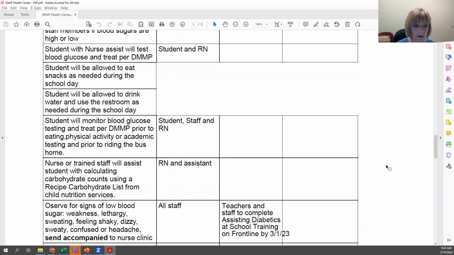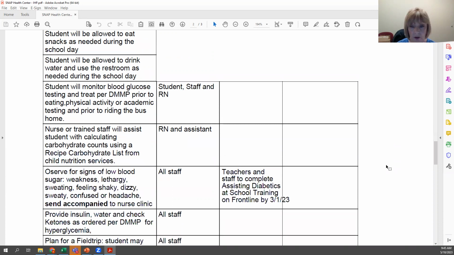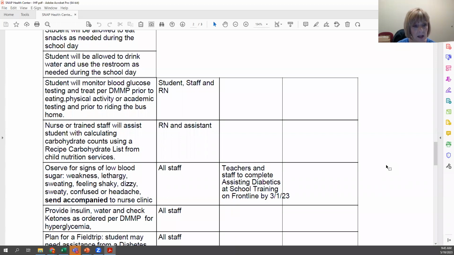And then using our carbohydrate list, the nurse and the health assistant will assist in doing that, that all staff need to know about the hypoglycemia algorithm, and that the teachers are required to do their diabetic training. This student was a new diagnosis, so I put a date on there that they needed to complete it within a few days. And then I did send out a hyperglycemia algorithm awareness sheet for all the teachers as well.